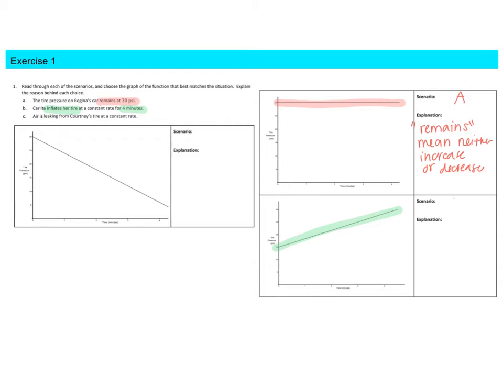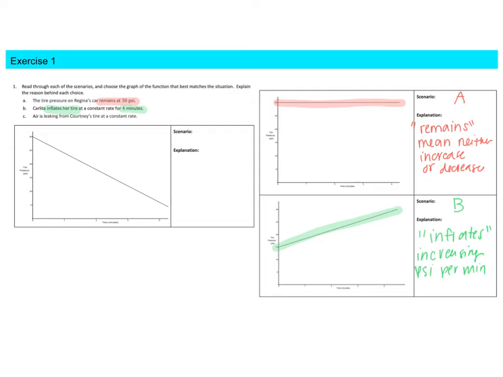So this is scenario B. So the word inflates means we are increasing in rate. Right? We're increasing that PSI per minute, and PSI is just how you measure the air within something, okay?